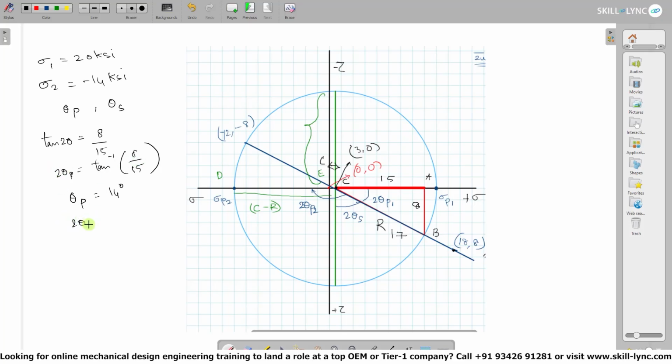From this equation, 2 theta P is equal to 28.1 degrees.